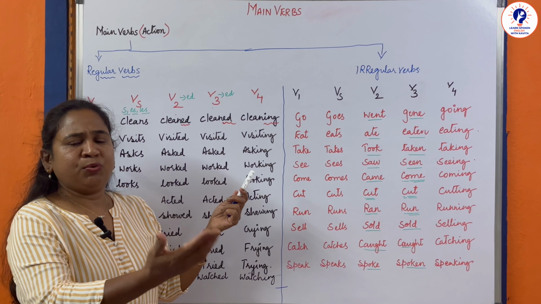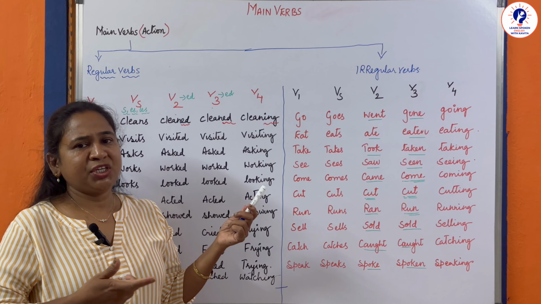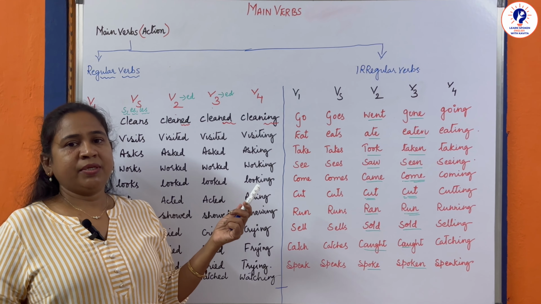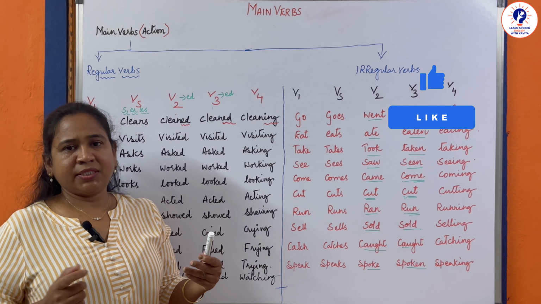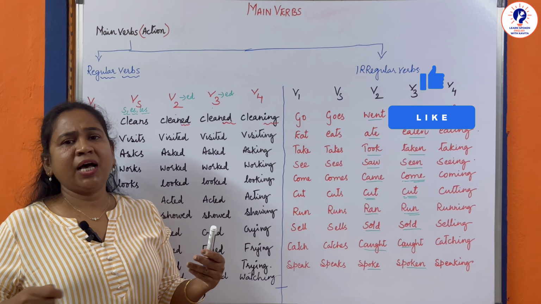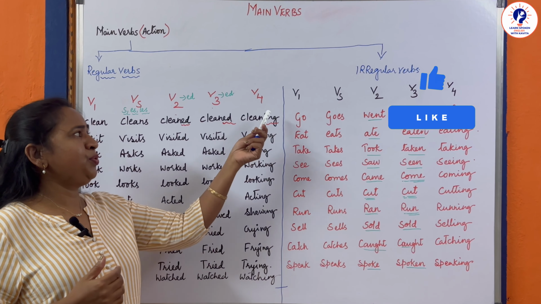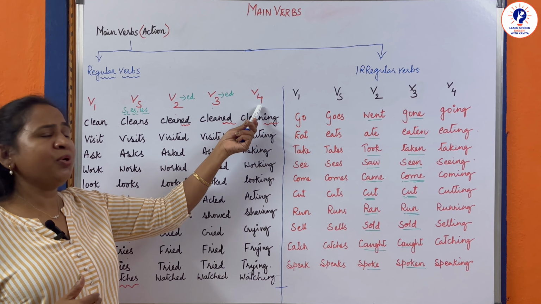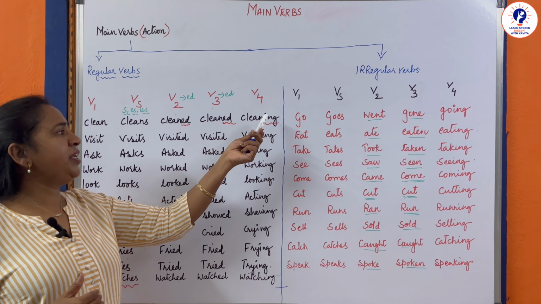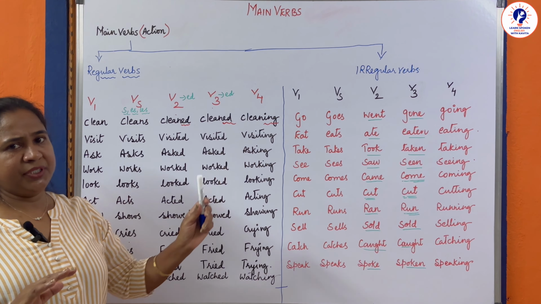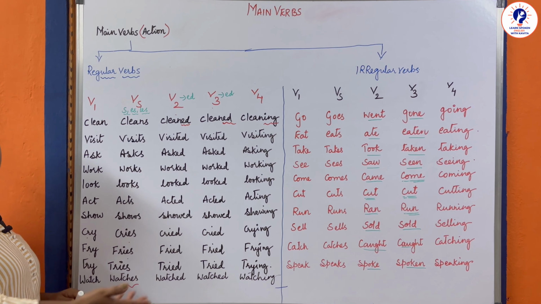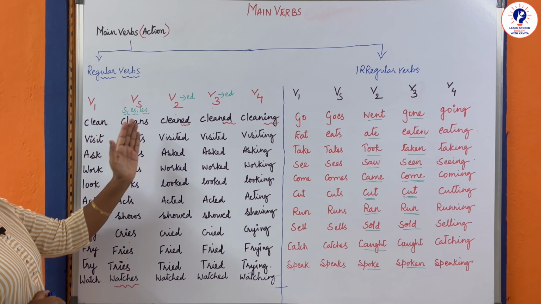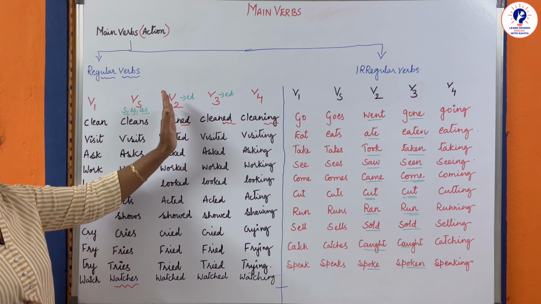Now I'm asking you, what are you doing now? I'm cleaning my kitchen. I'm writing notes. I am reading a lesson. ing forms are used generally for the continuous tenses. For all continuous tenses we use V4. These are also called ing forms. Did you understand? In future you are going to know in detail about V2 and V3.